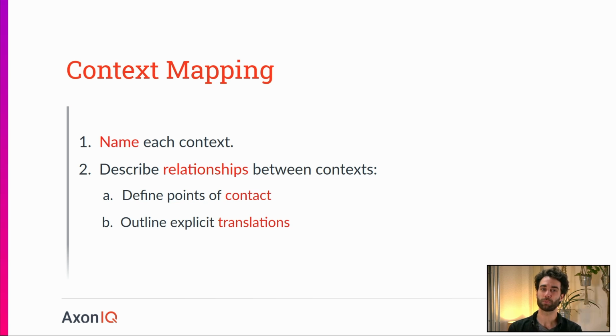You outline the explicit translations, the context mapping you are doing between these points of contact, and you highlight the concepts you do share between those. So specifically, being strict about what you share with others and what you do not share with others. It's the idea of the relationships between those concepts, which brings the idea of using transactions.